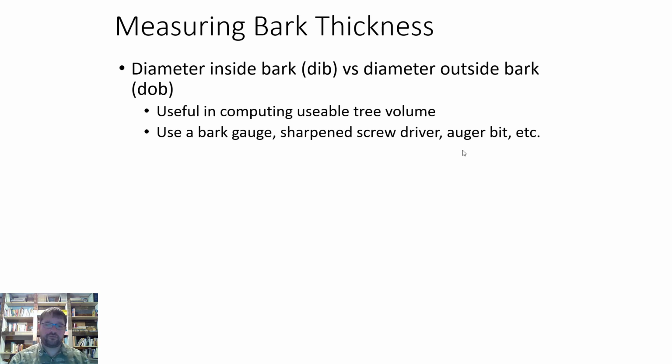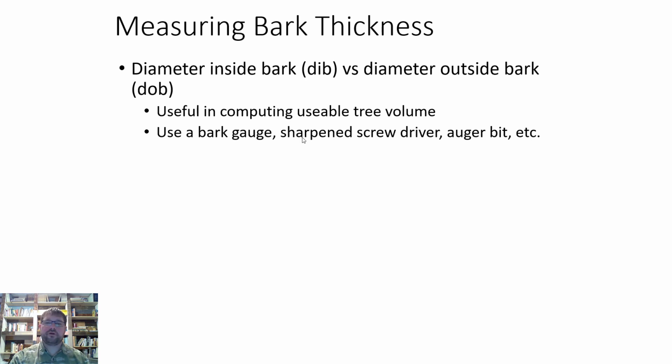Okay, so you can use different things. Bark gauges. Often you might see, if you're around someone who's doing bark thickness for a management situation, maybe they work for the Forest Service, they'll probably use a bark gauge.